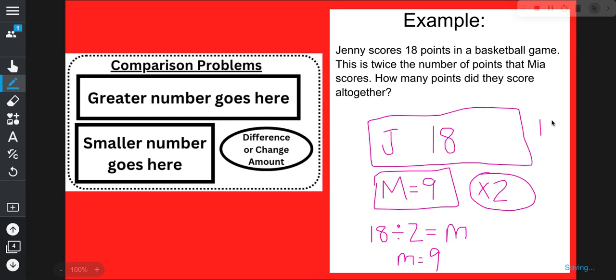So we're going to take Jenny's 18, and we're going to add now the 9 that we found out that Mia has. And we're going to find out that they both scored 27 points all together. So make sure you understand what each part of the problem is.